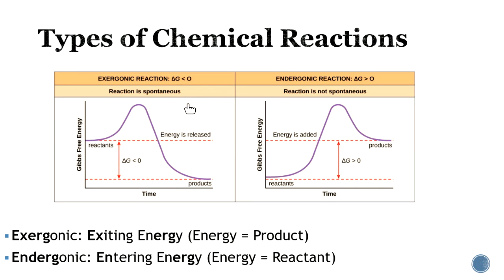You're going to see reactions that are going to give off energy or reactions that are going to take energy. So let me get my little pencil and highlight. First off is an exergonic reaction. So use the bold face right here. Exergonic is exiting energy. What that means is energy is going to be released in the process. So with this reaction, which is a line right here, we're going from reactants to products, going from this to that.